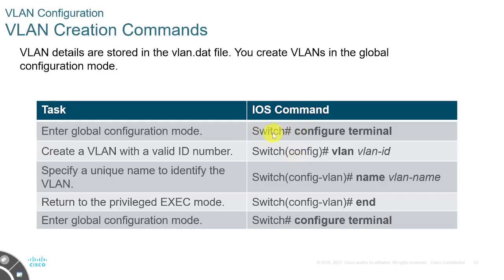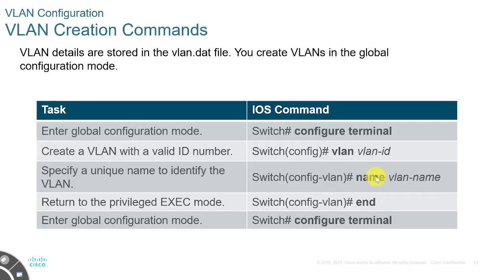First, you enter enable mode, then you execute configure terminal. Then you create a VLAN with an ID number: VLAN 10, VLAN 20, as you want.